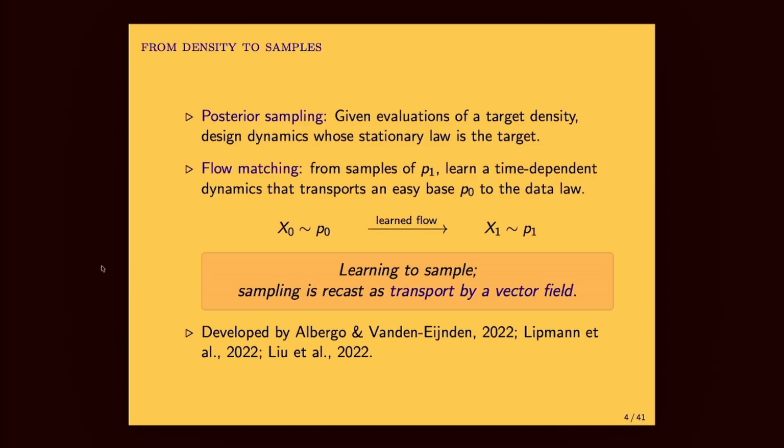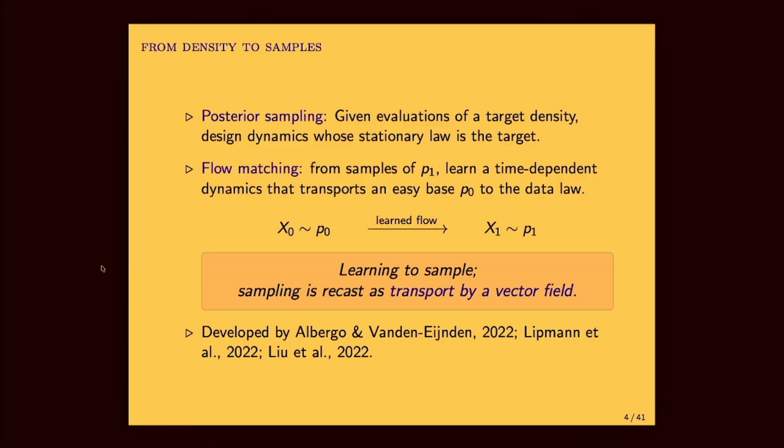For example, you can have a density of the form e to the negative f, and then you know f or the gradient of f or something like that. Your goal is to sample from this target density. So what you do is you define, for example, a stochastic differential equation whose equilibrium distribution is the target that you wish to sample from, and then you design MCMC type of methods, right?